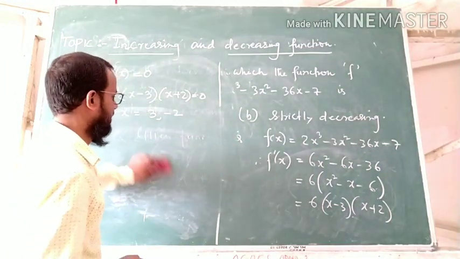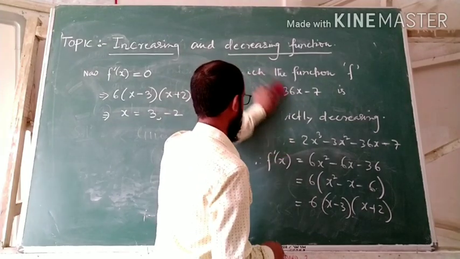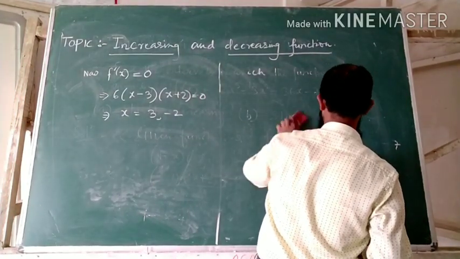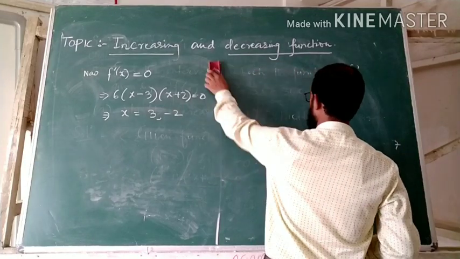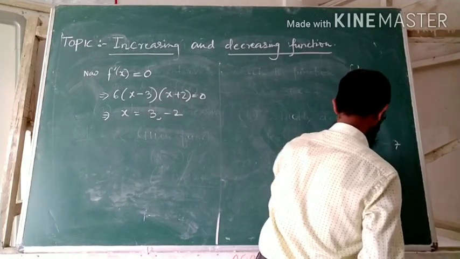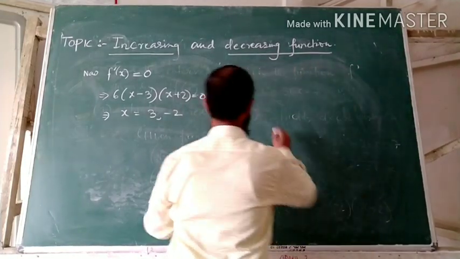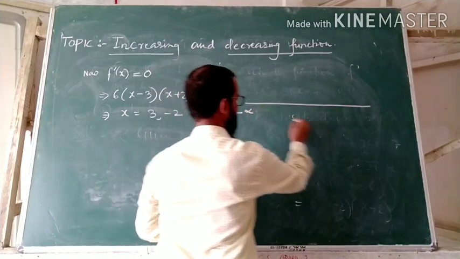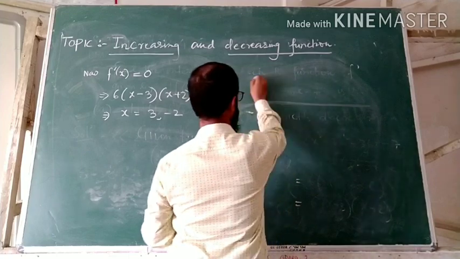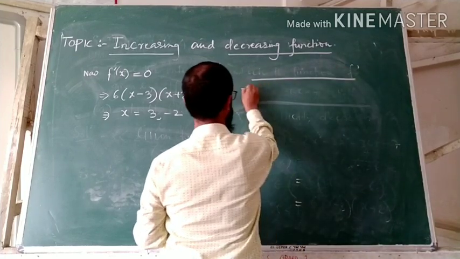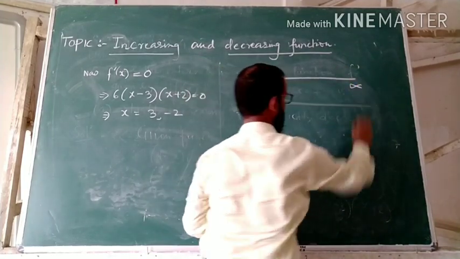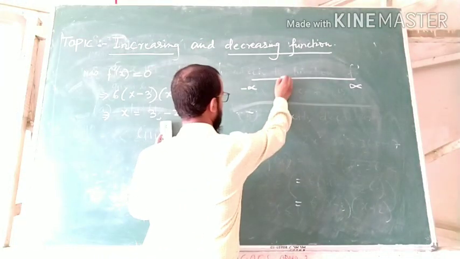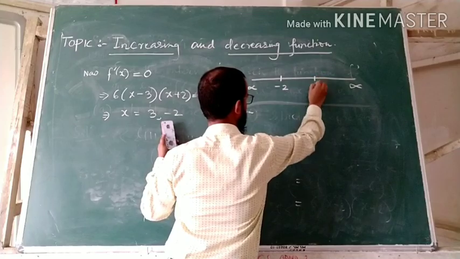Now these critical points divide our whole domain into how many parts? That's very important. You see, if I draw the number line, minus infinity to plus infinity. Suppose this is the number line, and the critical points are -2 on the left, and then this is 3.